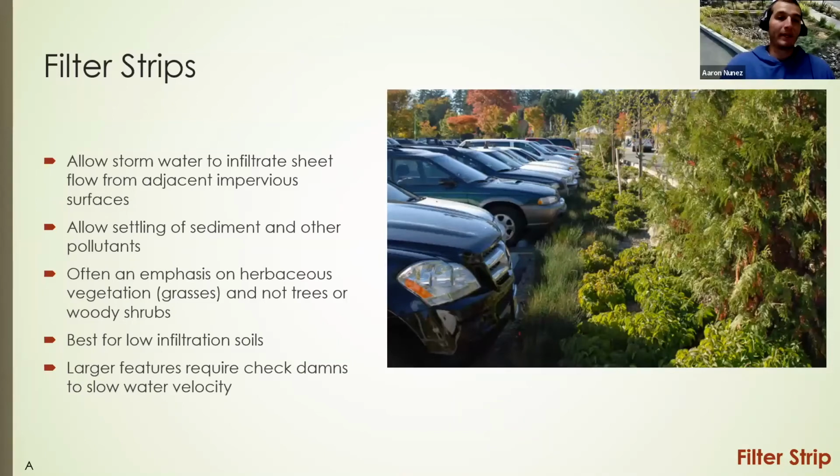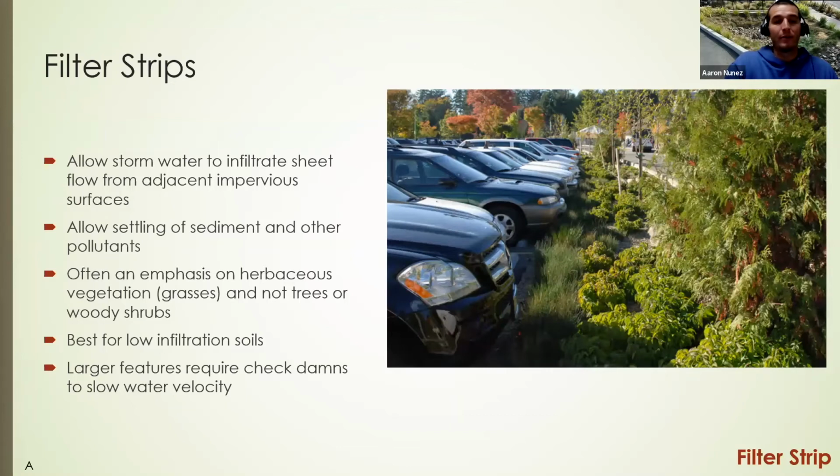Getting into a different feature, we'll move into filter strips for just a little bit. One of the things that sets filter strips apart is they often allow water to infiltrate from sheet flow from impervious surfaces, such as a roadway or a path or a parking lot. Often there's an emphasis on herbaceous vegetation, mainly grasses, typically in filter strips.